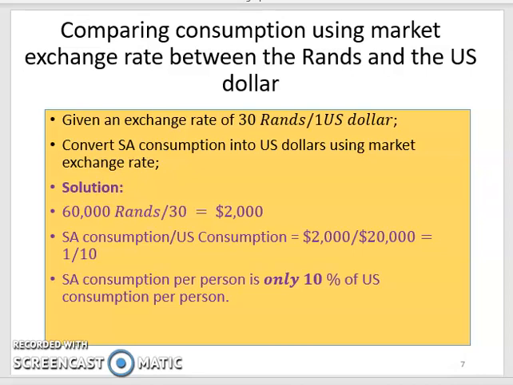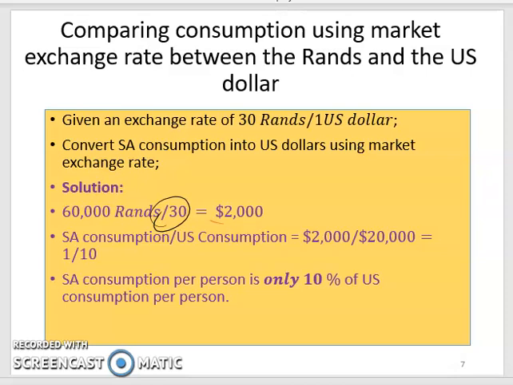And we said, given an exchange rate of 30 rand per dollar, we should convert South African consumption into US dollars using the market exchange rate. Because South African consumption per year is 60,000 rand, we simply divide that by the 30 exchange rate figure.